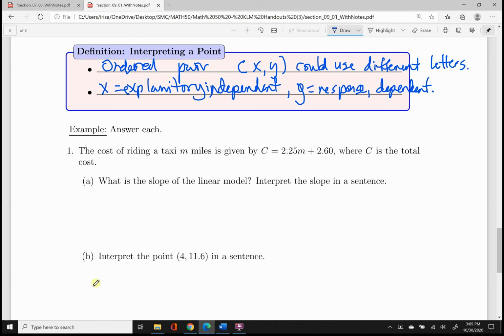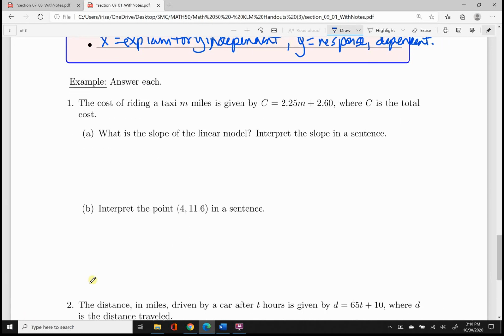Okay, so let's answer each question. The cost of riding a taxi m miles is given by C for cost, equals 2.25m plus 2.60, where C is the total cost. They're asking, what is the slope of the linear model? That's going to be this value right here, m equals 2.25.